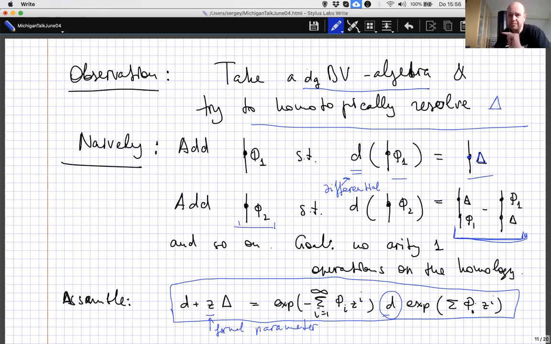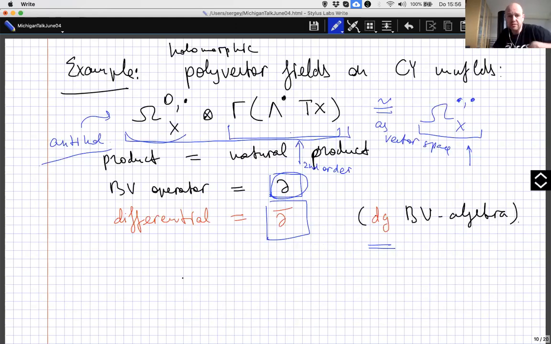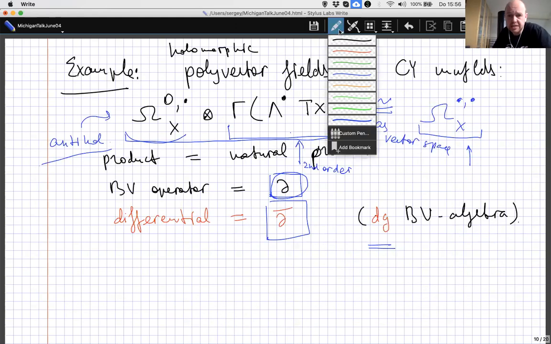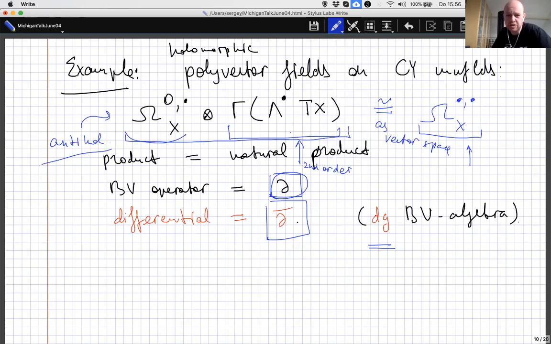So let me go back. What I have here, let's discuss what my way to resolve delta is, because it's just about phi1 operations. I can take this vector space, and I know that I can split it as harmonic forms plus some orthogonal complement.